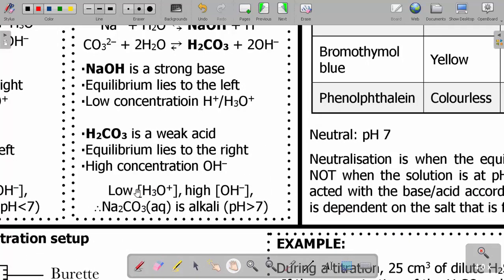So because of the low concentration of hydronium ions and the high for the OH ions, I'm going to have sodium carbonate aqueous to be an alkali solution or salt. Hope we are together. If you're not together, pause the video and watch it again.